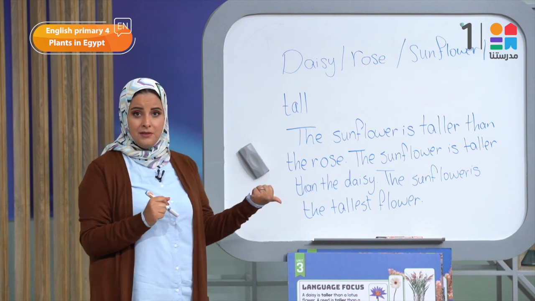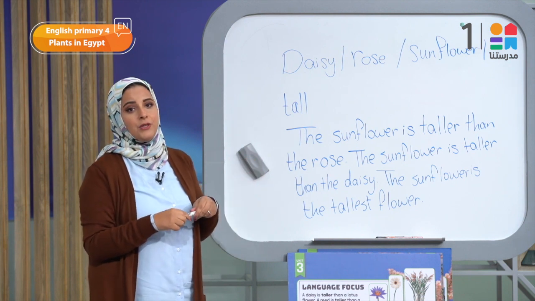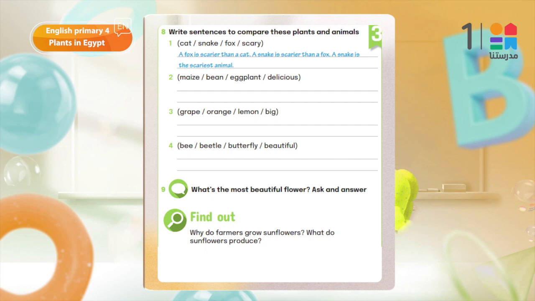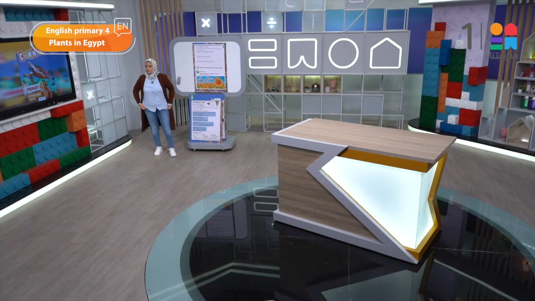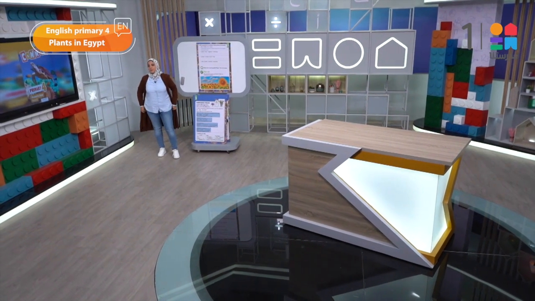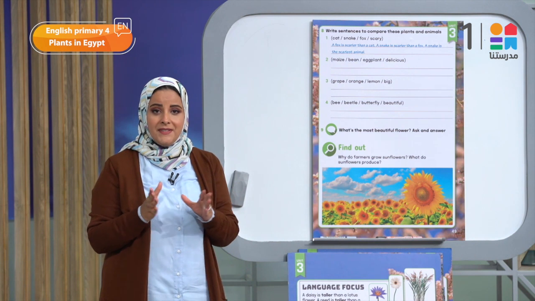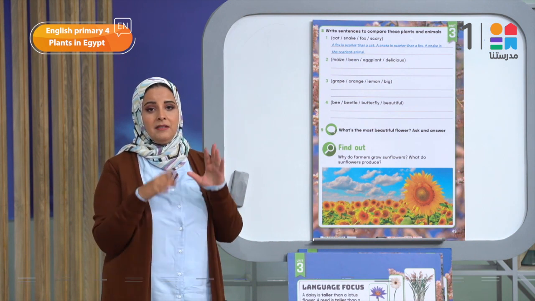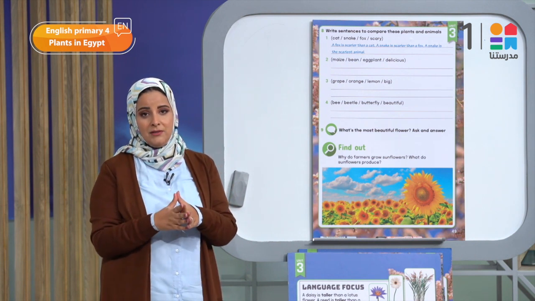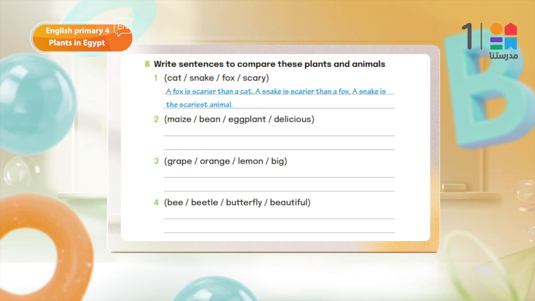Let's erase the board and open page 49. Everyone, look at page 49 and let's write the sentences to compare the plants and animals. Let's look together at exercise number 8.